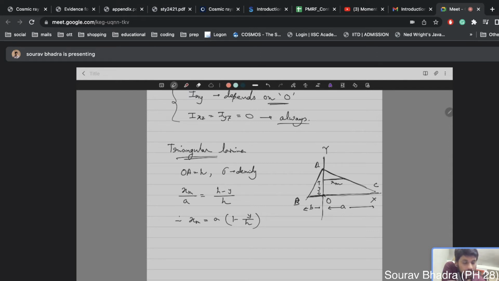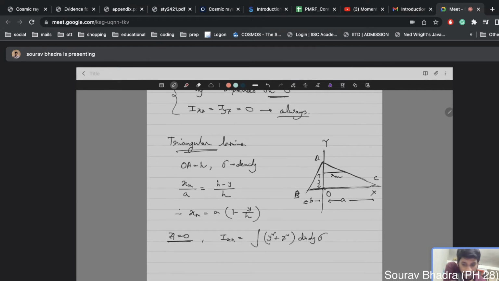Now as I have told, the z-axis is coming out of the plane of the paper, that means z_i is 0 for this particular system. So Ixx you will get ∫∫ (y² plus z²) σ dx dy, and as z is 0, remove this, this will give you y² σ dy dx.